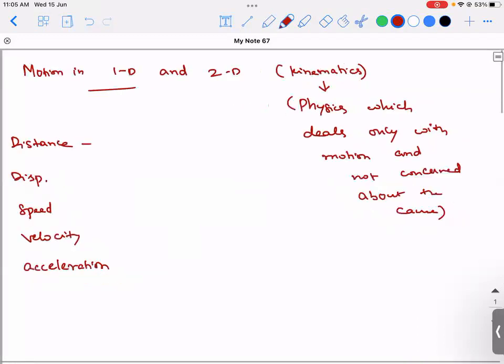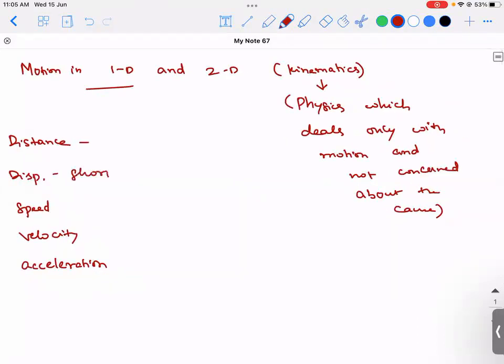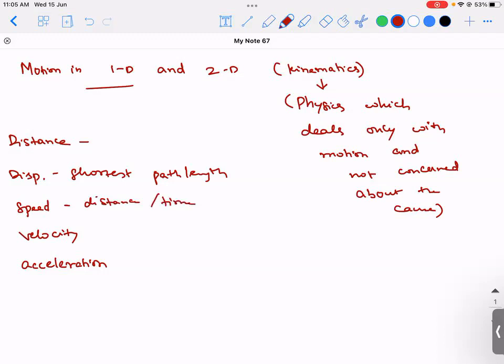Displacement is the shortest path length. Speed is distance traveled per unit time. Velocity is displacement per time. Acceleration is change in velocity per time.